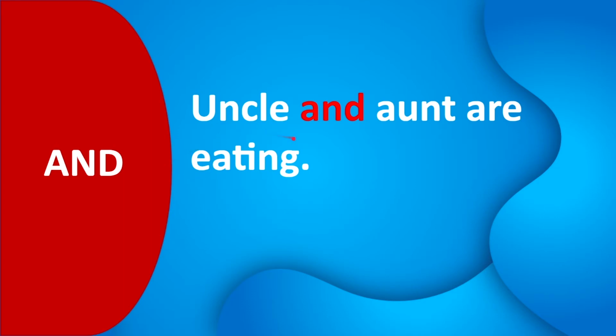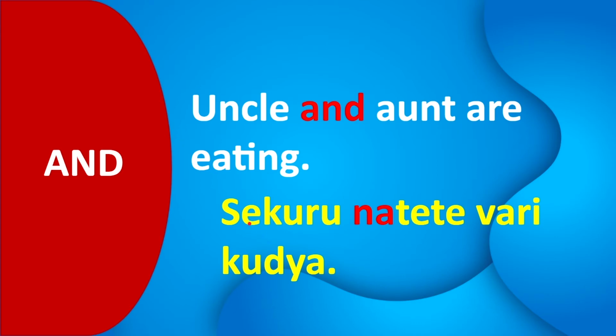Uncle and aunt are eating. In this case, take note, we are using uncle and aunt, which are proper nouns of people. So "and" is translated to what? The Shona translation becomes "sekuru na tete vari kudya".